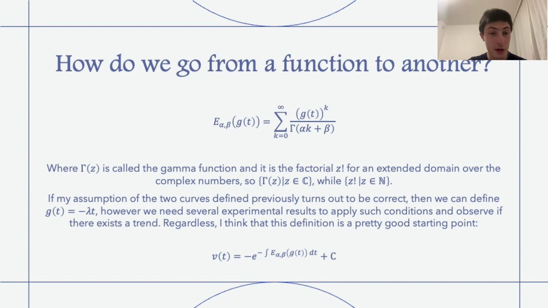But then you can notice in this expansion that in the denominator there is a term which is called the gamma function. And the gamma function, for those who do engineering, maths and physics, appears very often. It is basically the extension of the factorial. You know that n factorial is n times n minus 1 times n minus 2 and so on till 1.